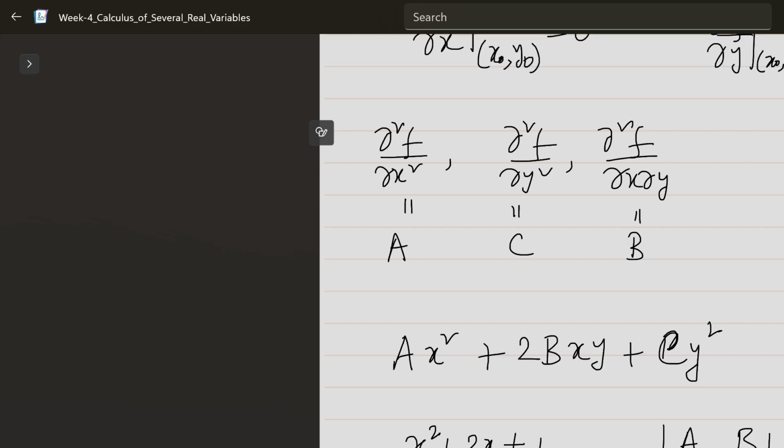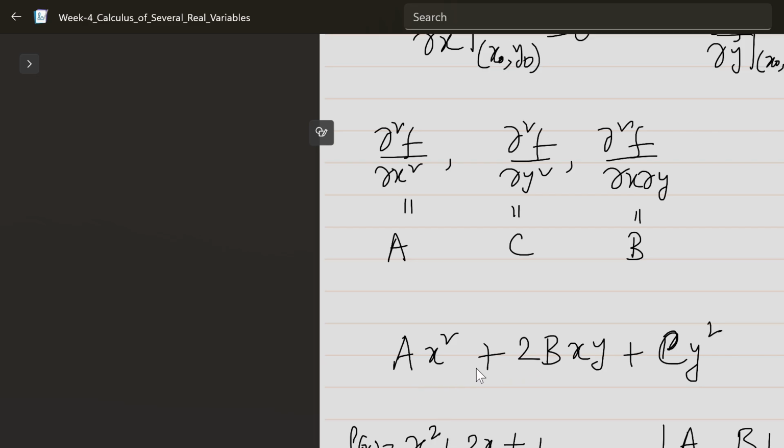So suppose for an example, A is 1, B is 1, C is also 1. So I will get (x plus y) whole square, right? As you know, for a function of a single variable, say f of x, this is always greater than or equal to 0 because it is something square. So the minimum value is 0 for this.